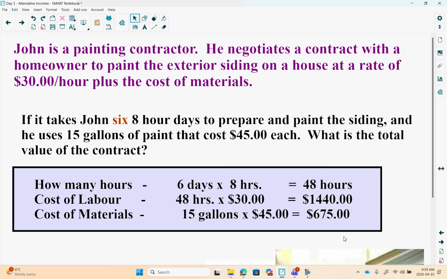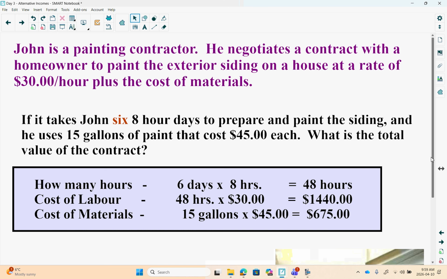Like, what's John going to tell me? Okay, Brian, you owe. What would he do with these numbers? Does he add them all? Would it make sense to add all of these numbers? No, which one do I keep out? The hours, the 48. You can't add hours to dollars. We're adding dollars to dollars.